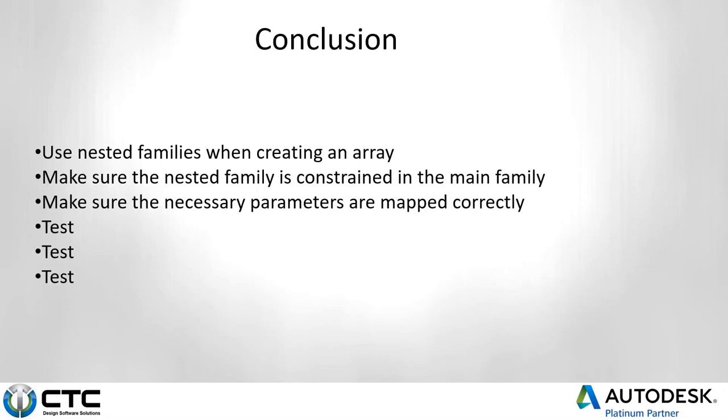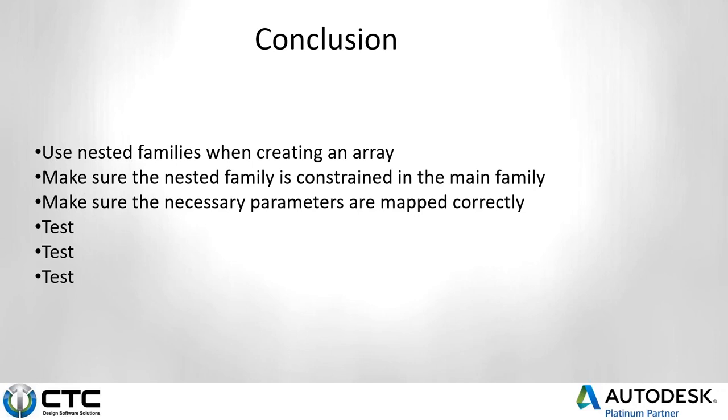All right, so as we saw, I try to use nested components as much as possible, if not always, when creating your arrays. Don't forget to constrain your families where they need to be on those reference planes, and also link your parameters. That's very important when using the nested components.